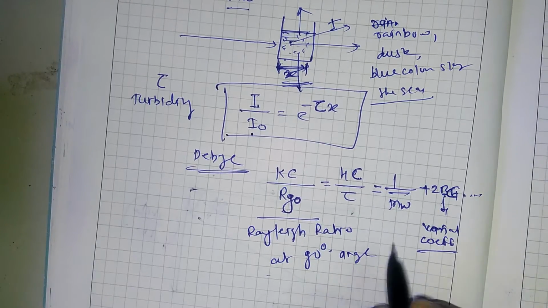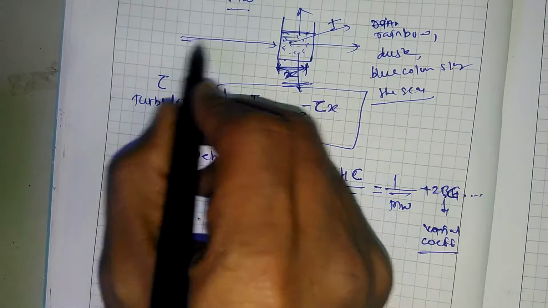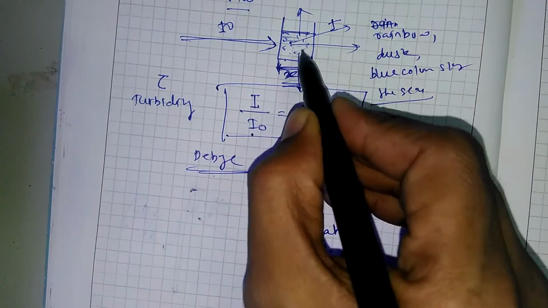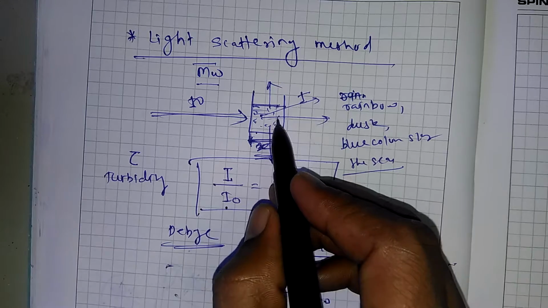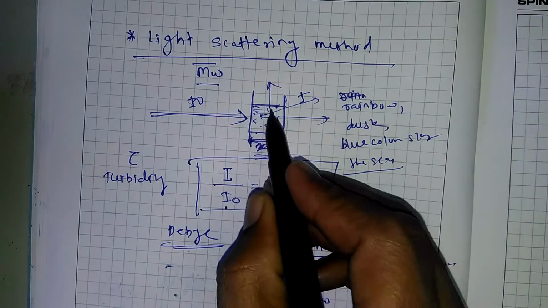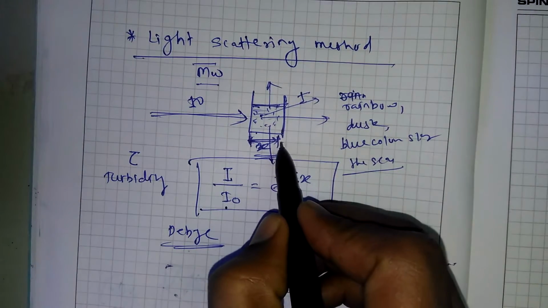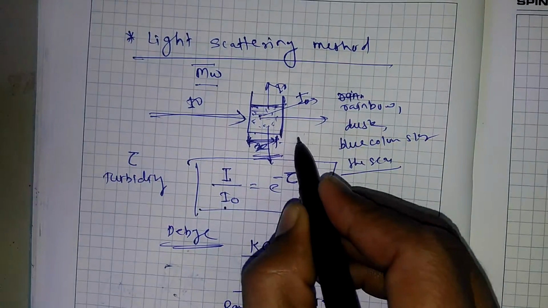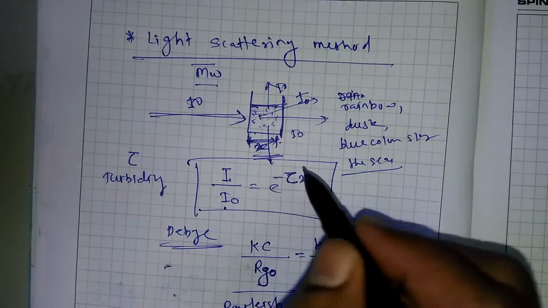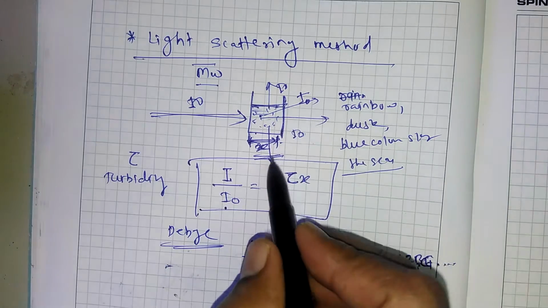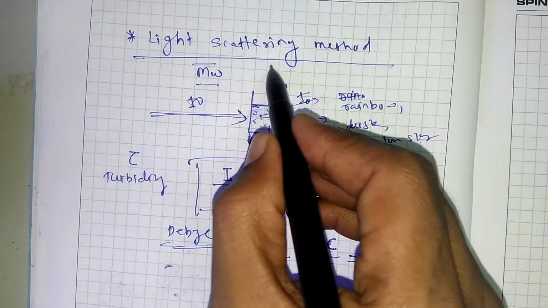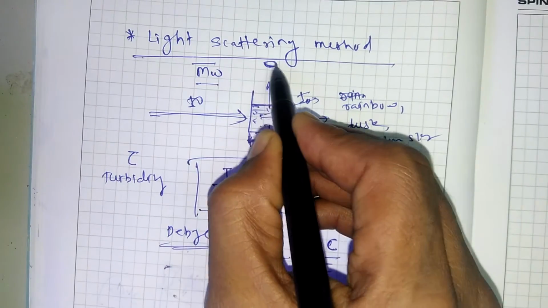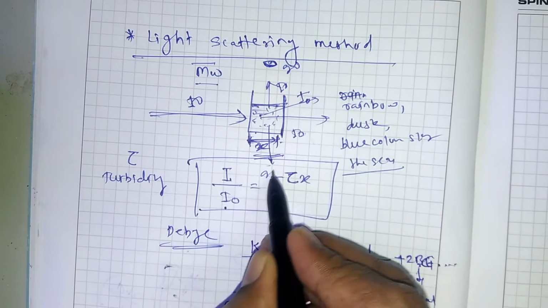So here this is the incident light I0 that falls on some particles which have the length x, and the light is scattered, and this scattered light is expressed in terms of I0, and this is the turbidity. If we measure this at this point, then it is at 90 degree.